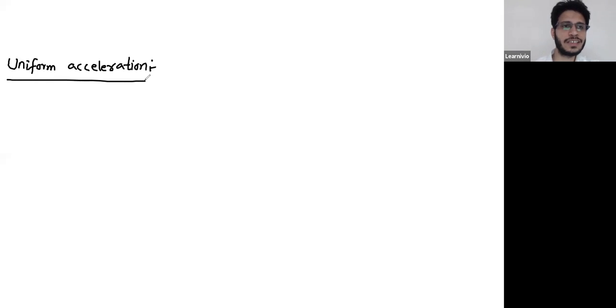When I say that the motion is accelerated, that means your velocity keeps on changing. Your velocity cannot be constant. Uniform acceleration means your acceleration is constant.